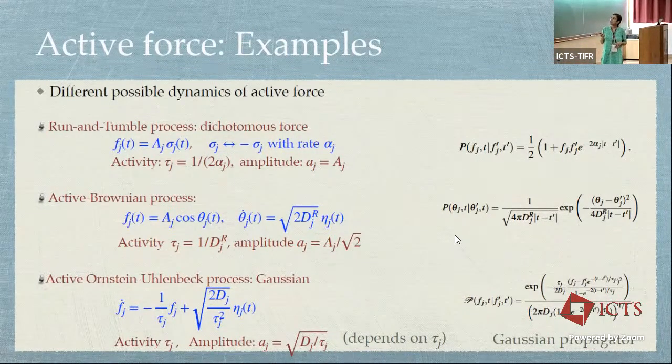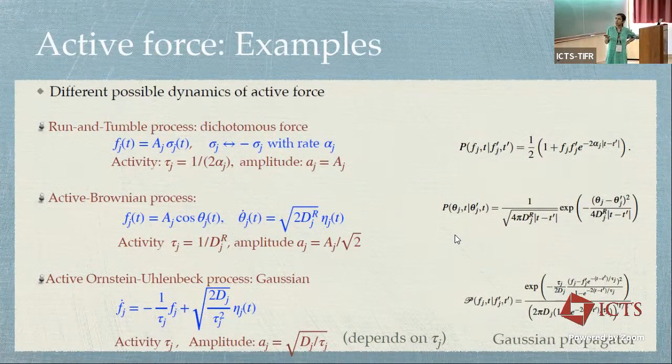And here is the propagator of this process. If you compute the two-point correlation of this f, then you actually get this exponential correlation with the activity tau, which is basically given by 1/(2 alpha). So 2 alpha is the rate of this flipping. So that is one process by which you can get such an exponentially correlated active force.